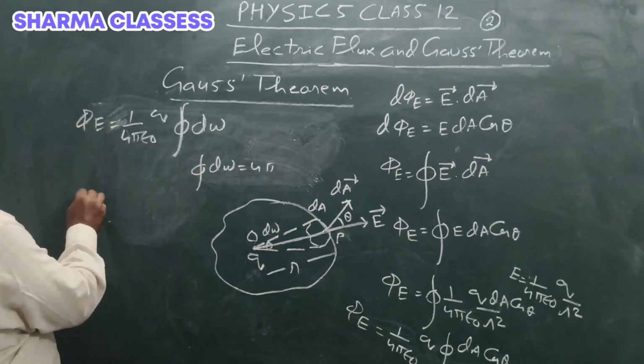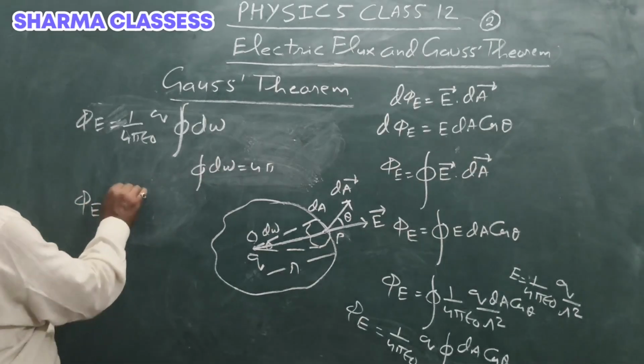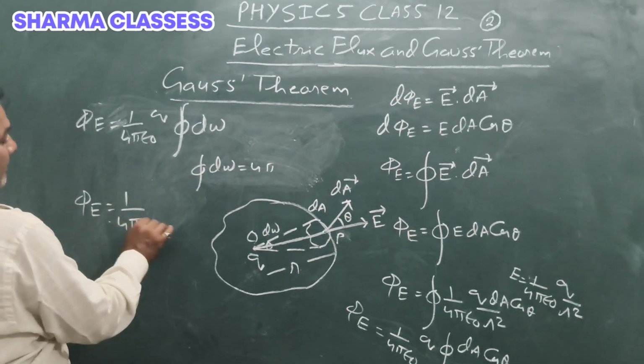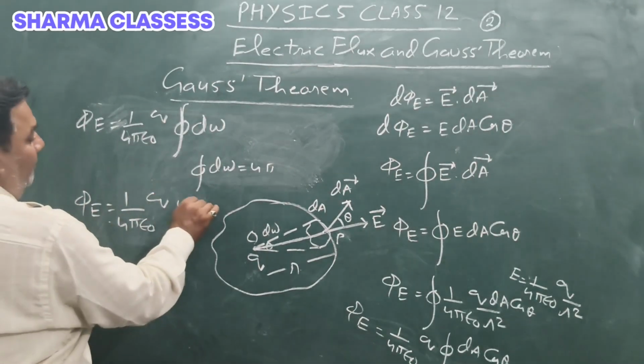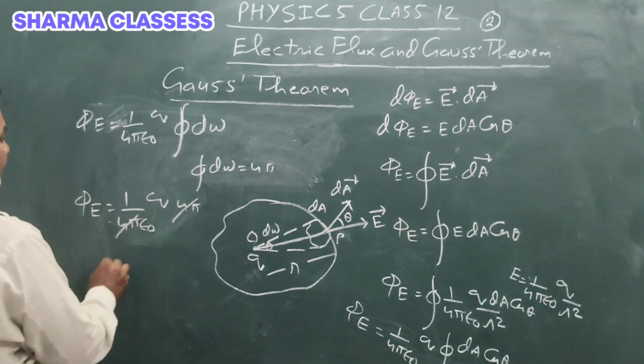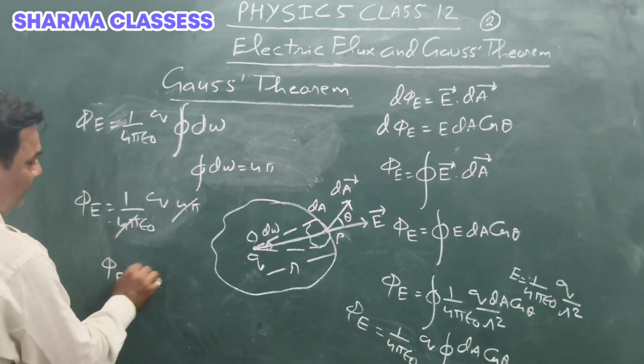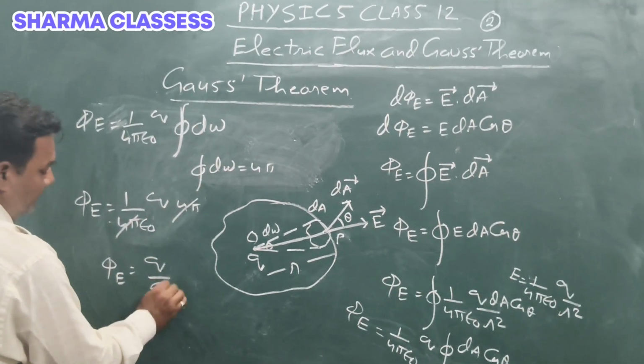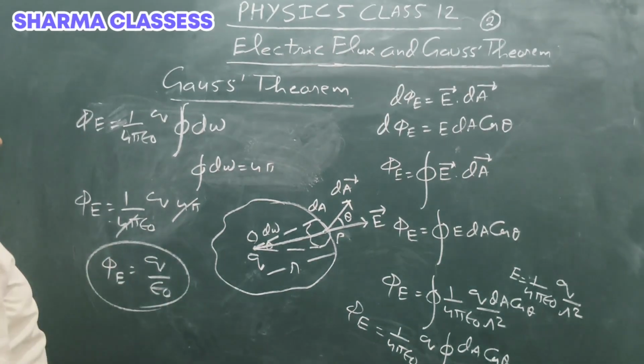You read that in video number 1. So 1 upon 4 pi epsilon naught Q into 4 pi, the 4 pi cancels out. Now phi is equal to Q upon epsilon naught. This is Gauss theorem, and this is the proof of Gauss theorem.